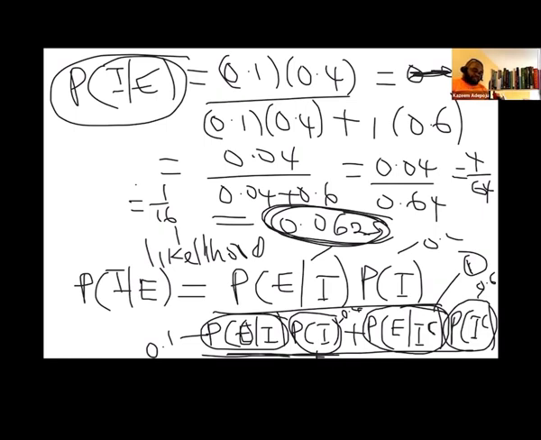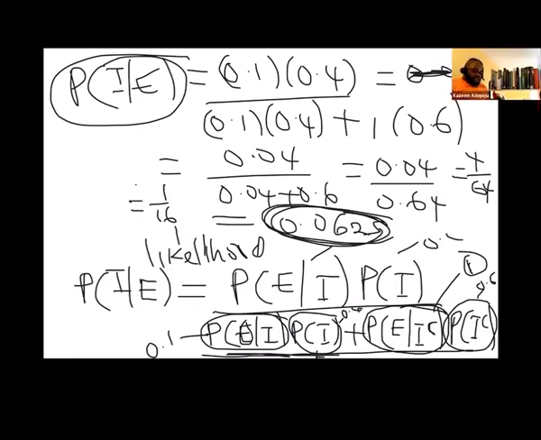Does that make sense? I thought the formula for Bayes' theorem was supposed to have the probability of I on the bottom. Why do you have to do the complement and stuff?